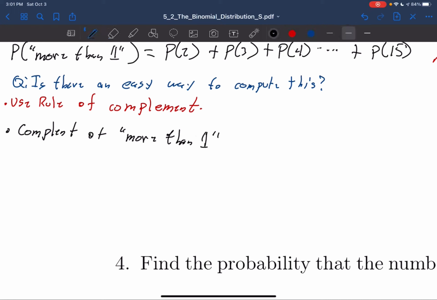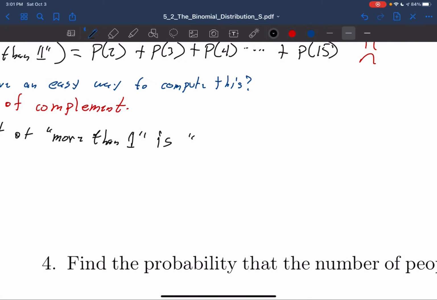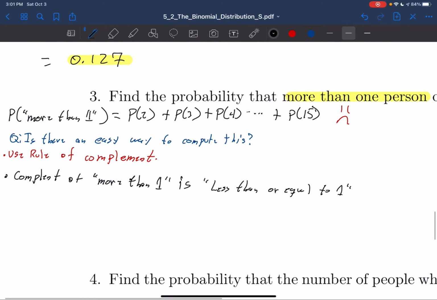The complement of more than 1 is less than or equal to 1. So here, more than 1, we don't include 1 in our results. So the opposite of more than 1 is less than 1, but we also include 1.